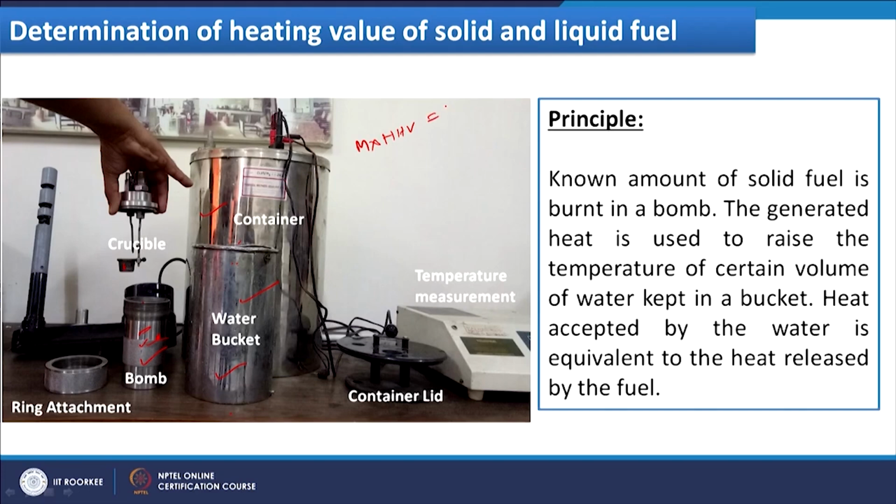So, that is equal to the mass of the bomb, m_b, into Cp_b into del T. This is the heat taken up by the bomb, and the heat taken up by the water, that is W into Cp_w into del T. So, this is the total heat taken up by the system, and this is the total heat released by the material.